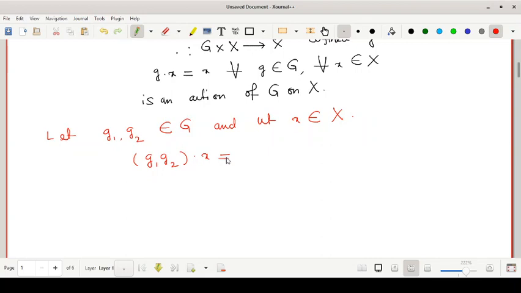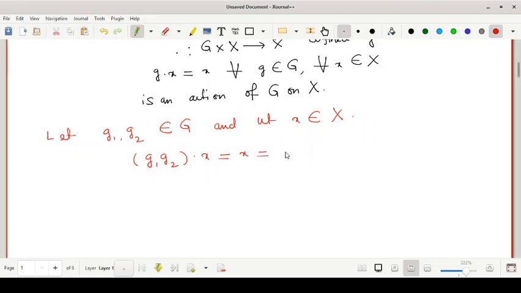The definition of this function dot says that whatever element g you choose from G and whatever element x you choose from X, the value of the function on the ordered pair will give you the element of X you have chosen. So by definition, this is x.